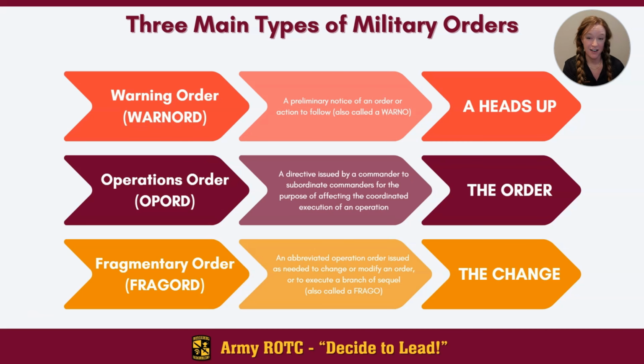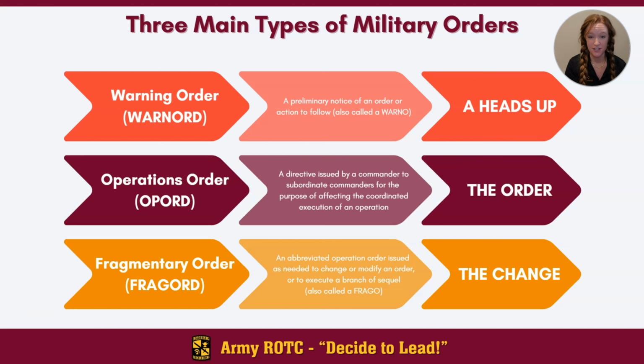So what are our 3 types of military orders that we're going to focus on? Well, the entire lesson is focused around that center one, the OPORD, right? But we also have what we call a warning order, known as a warnord or a warno for those of us that have been around the military for a minute. That warno, just a preliminary quick order or a notice that there's more coming. I like to call it the heads up.